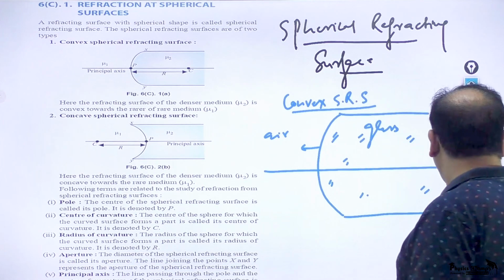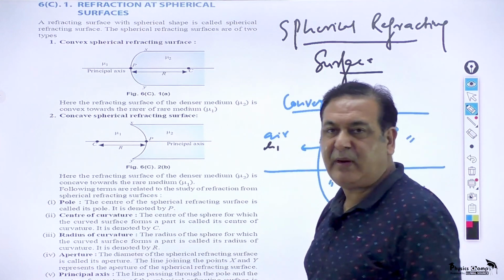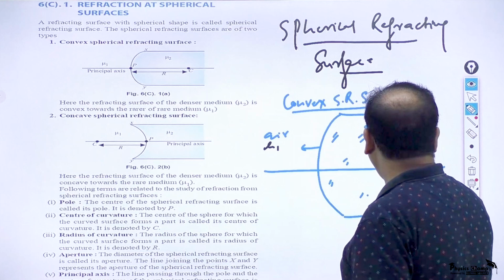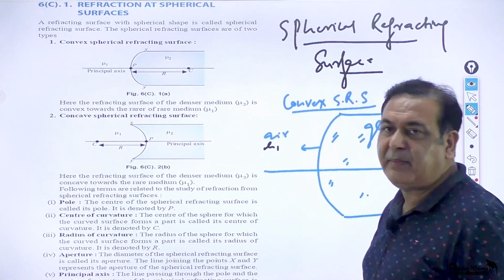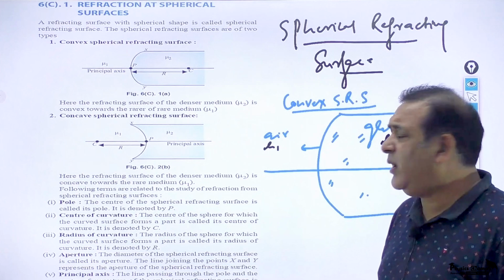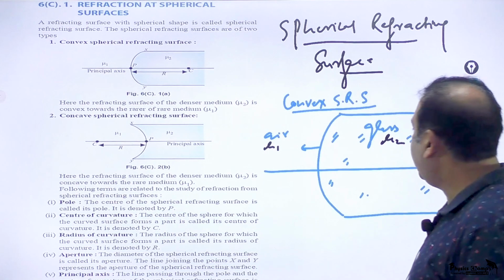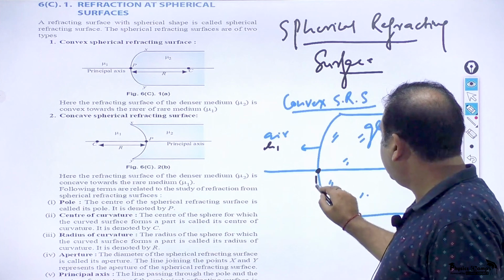Here, the refractive index of the air, or the rare medium, can be represented by mu1, and the refractive index of the glass, or denser medium, can be represented by mu2. Now here we have certain points to discuss, like what this point will be called.